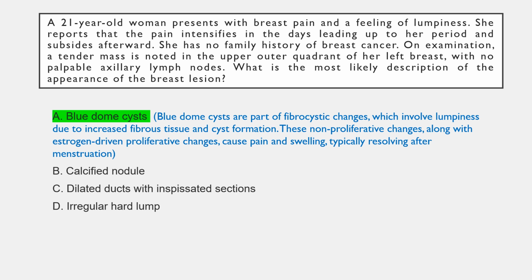Non-proliferative changes that cause lumpiness of breast tissue include increase in fibrous tissue in the stroma and formation of cysts of varying sizes. These changes are caused by estrogen. Painful breast lumps enlarge as fluid accumulates in cysts. These changes regress after the menses end.